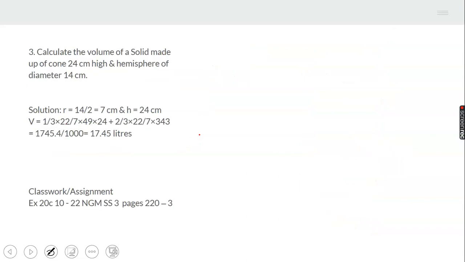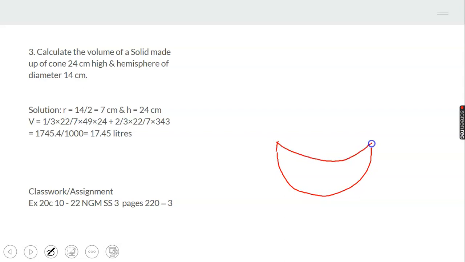Example 3. Calculate the volume of a solid made up of a cone 24 cm high and a hemisphere of diameter 14. So this is a hemisphere, half of a sphere.